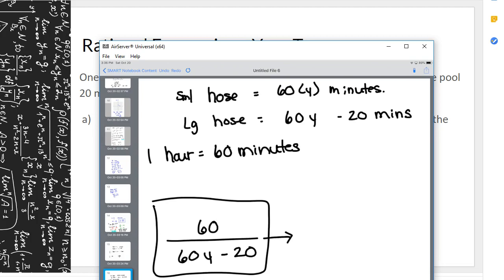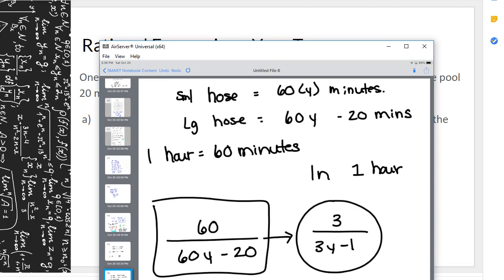So what can we reduce this all by? Well, let's divide everything by 20. We get 3 over 3Y minus 1. So in 1 hour, this is the fraction of the pool that will be filled.